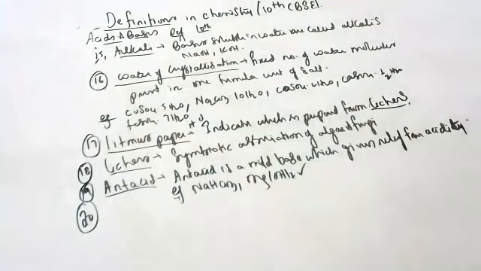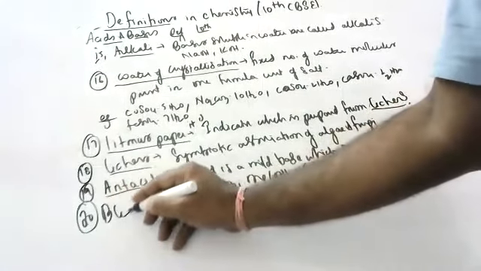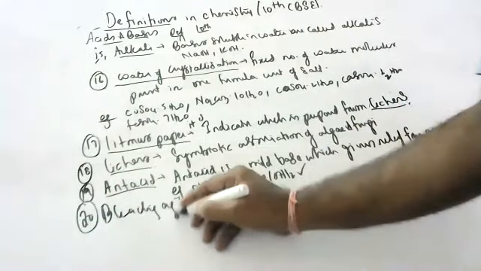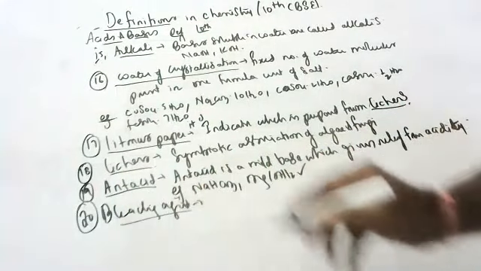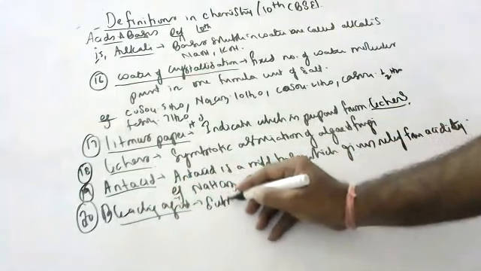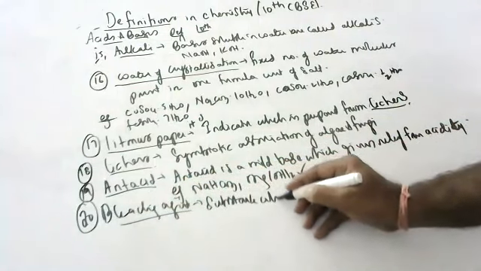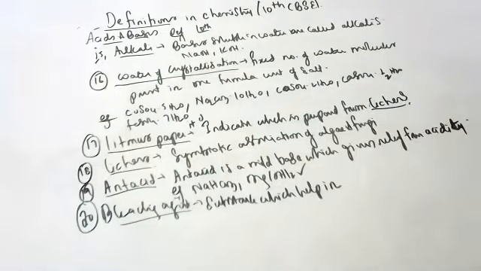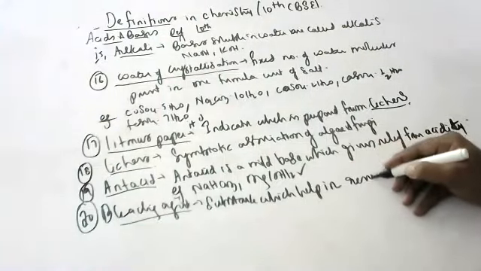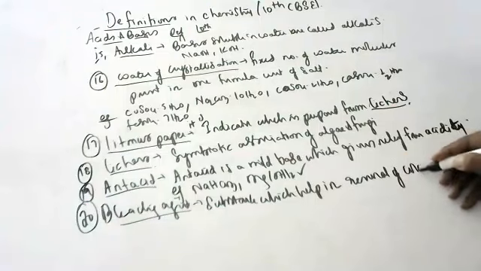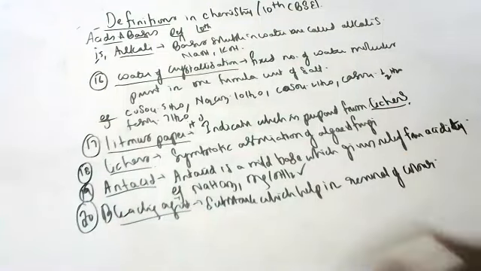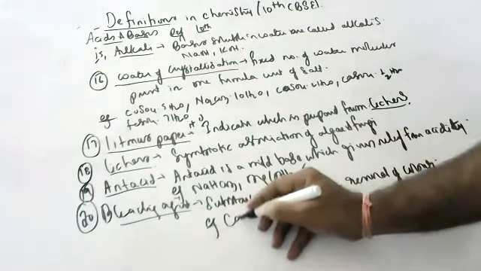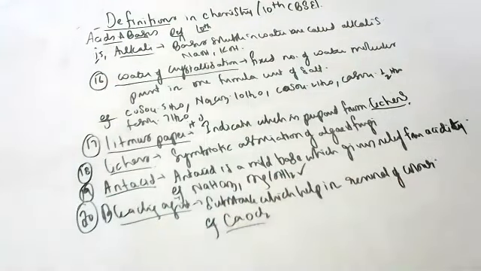In bleaching powder, what is a bleaching agent? Substance which helps in removal of color is called a bleaching agent. The best example is bleaching powder.